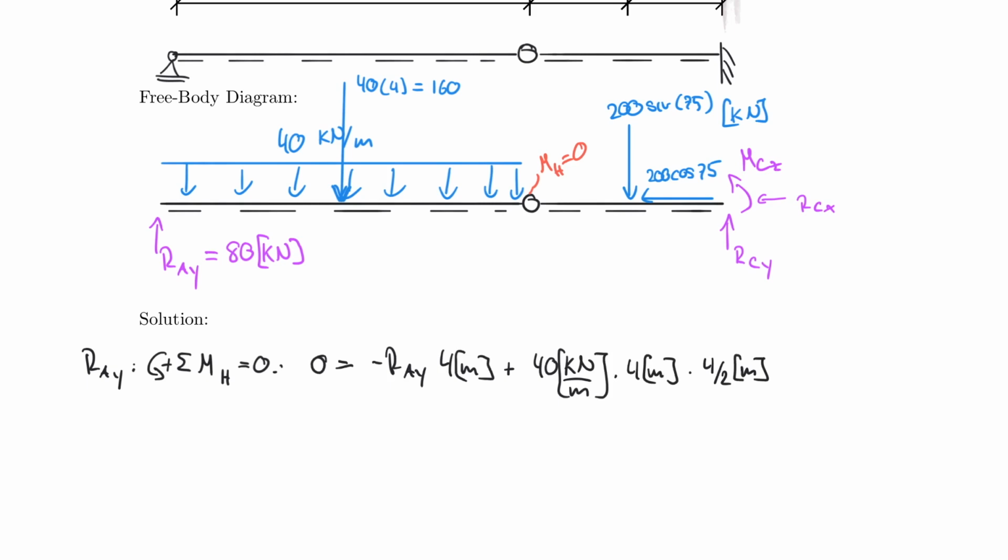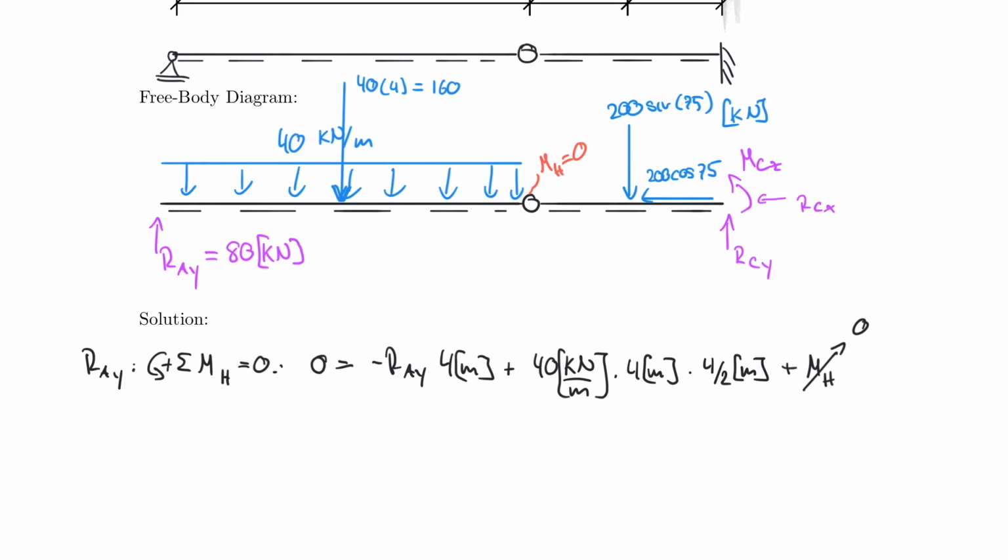Technically speaking, there's also plus M in the hinge, but that is equal to 0. So therefore, this equation works. Because you have this condition here, M at the hinge is equal to 0, you can solve it as is.